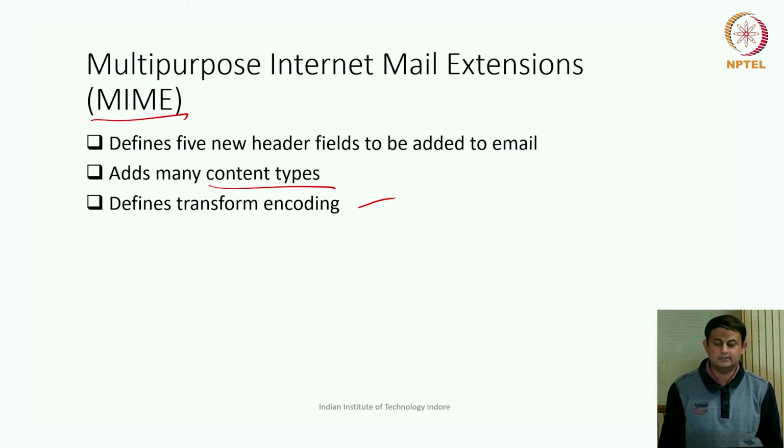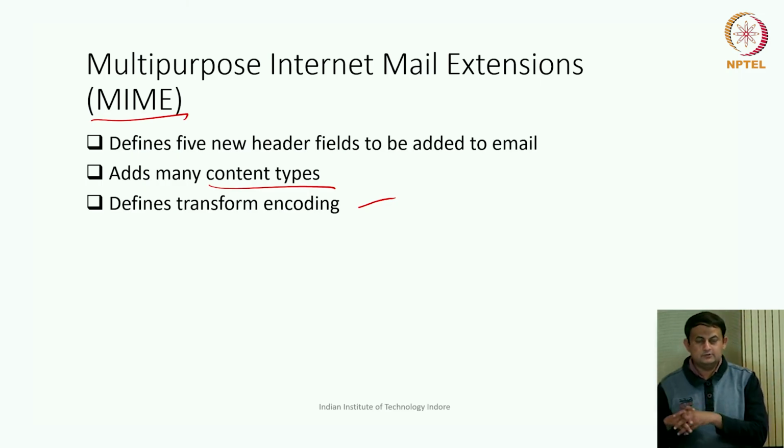That is what encoding means: how do I transform the input of one type into an output of another type? Such encoding techniques MIME also defined. All of this helped us transmit different kinds of file types over email. That is what MIME is.